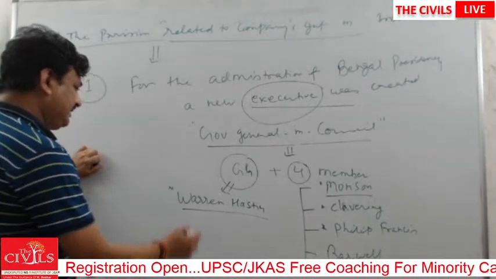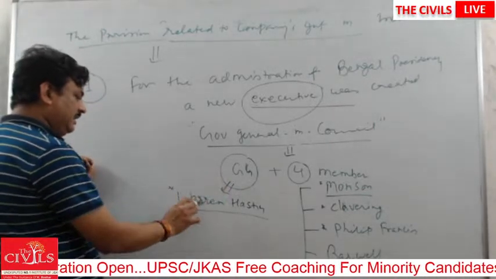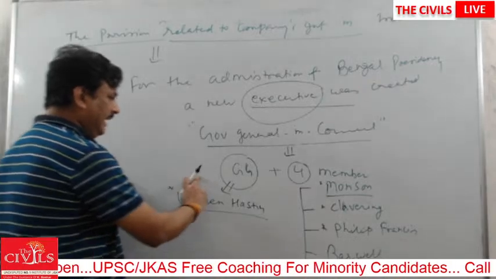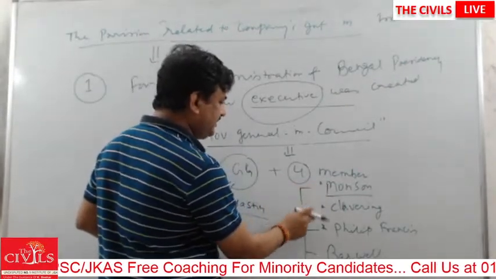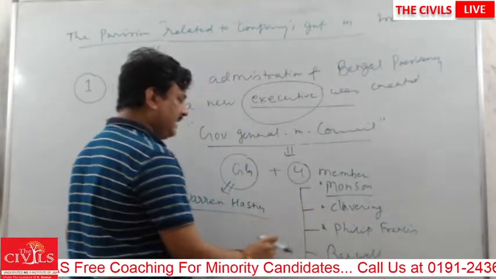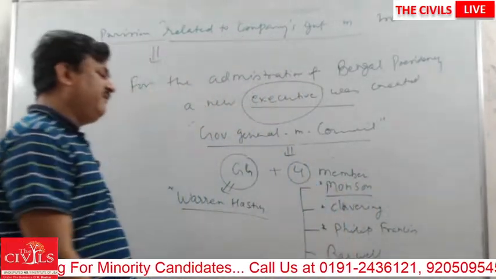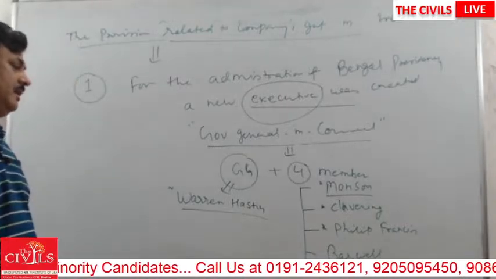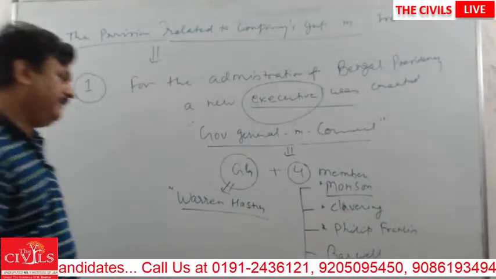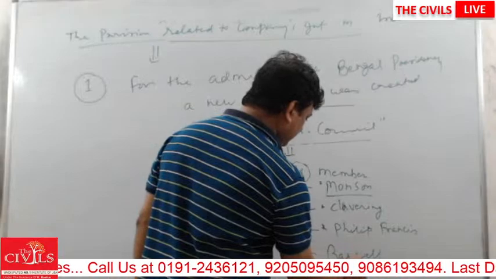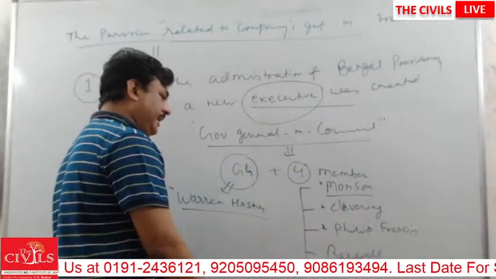Warren Hastings was the Governor General of Bengal, and there were 4 members: Monson, Clevering, Philip Francis, Barwell. The names of all these members are very important.